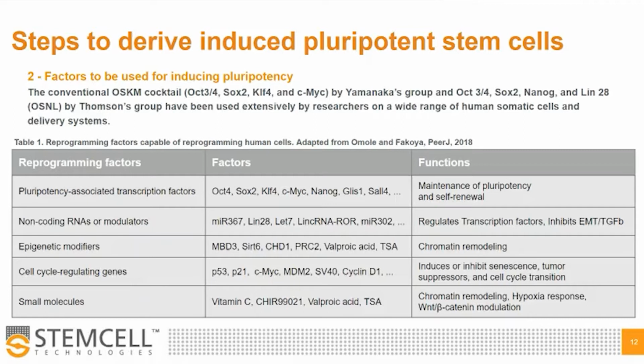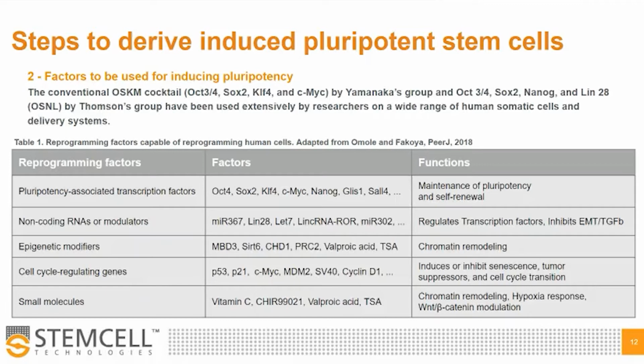These factors are pluripotency-associated genes expressed early during embryonic development and are involved in the maintenance of pluripotency and self-renewal. The expression of other pluripotency-associated genes, along with the minimal pluripotency factors, OSKM, can enhance the reprogramming efficiency or even replace some of the reprogramming factors.